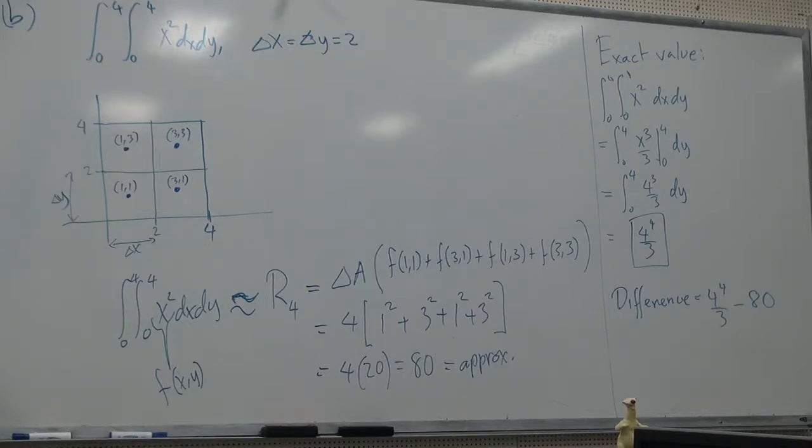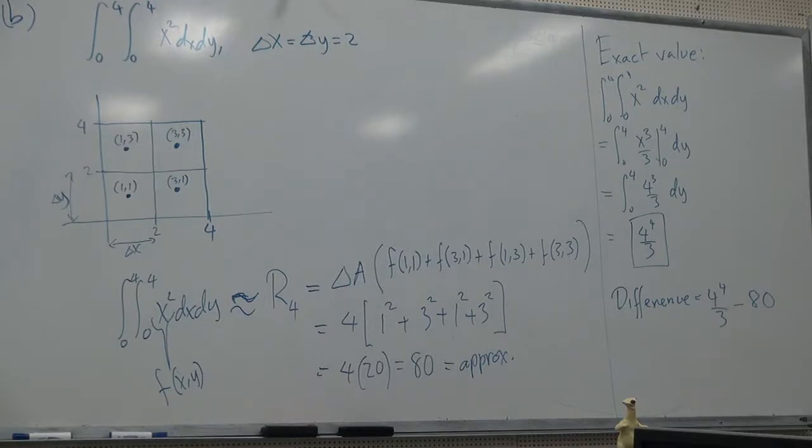What does 4 minus x squared look like? An upside down parabola on the y-axis. It's a parabolic cylinder, right? Because it runs along the y. And then there's y equals x, which is just a plane that slices through that at that angle.